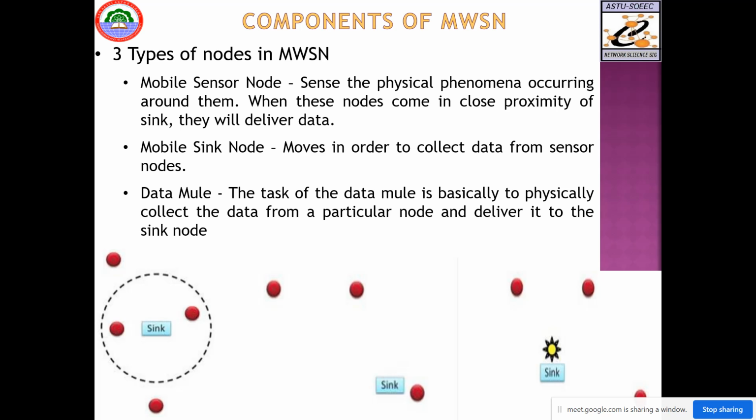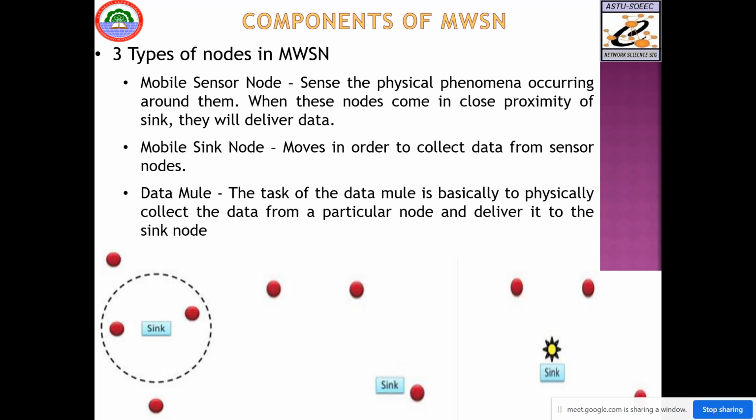A mule is like a sensor node, but its job is to move around the network, and wherever data is gathered by a sensor node, that data is collected and delivered to the sink node. So there are three components. One is the sensor node, which can have the property of mobility, the second is the sink node, which also has mobility, and the third is called the data mule.